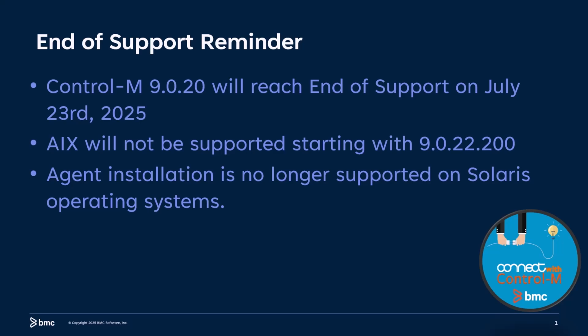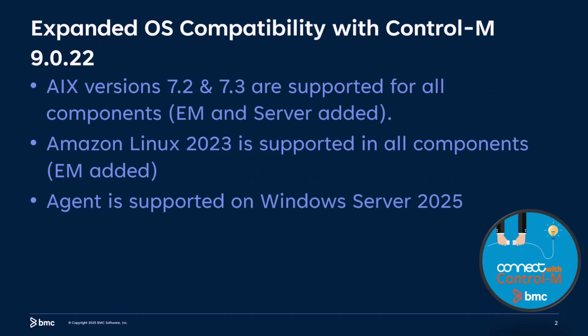Also, starting with 922.200, AIX will no longer be supported. An agent installation is no longer supported on Solaris operating system. Control M 922 introduces broader operating system support to help you stay aligned with modern IT environments.